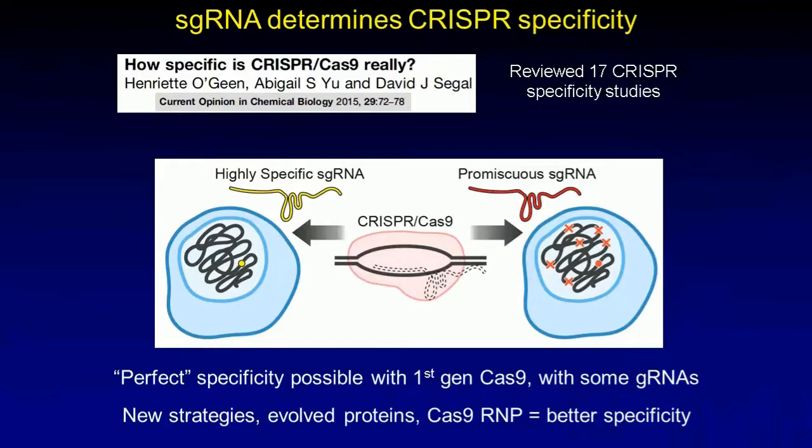There are different types of now Cas9 proteins, and some of these other versions of the Cas9 protein or Cas9s from other species have improved specificity profiles. And even approaches such as using, in cell culture, the Cas9 protein complex with a guide RNA already, that seems to have better targeting specificity and less off-target effects than introducing the Cas9 and its guide RNA in a plasmid.